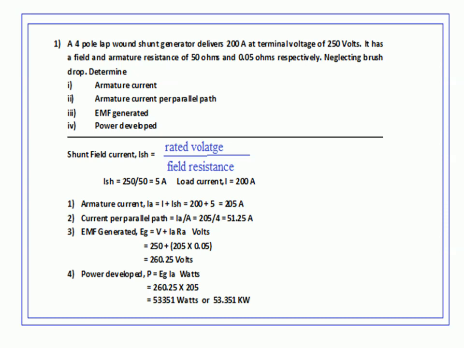You know the Ia, you know the Ra, substitute, and we are going to get the generated EMF. Then power developed in armature: what is the voltage? Eg. What is the current? Ia. Hence, power developed in armature equals Eg into Ia watts. Such type of problems are more often asked in the question paper. You prepare. Remaining problems are available in my notes.